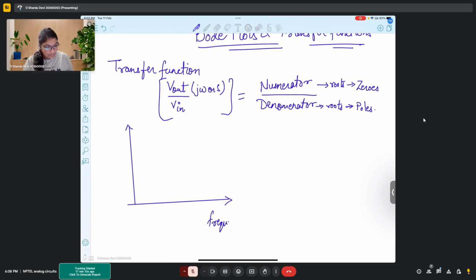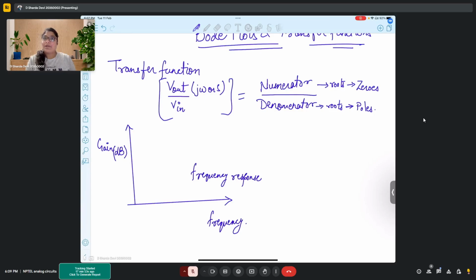Okay, so when you plot frequency versus gain, ideally in dBs, if you take experimental values and plot it, we call it frequency response, right? But when you theoretically analyze your transfer functions, you can again plot this frequency response with some approximations.